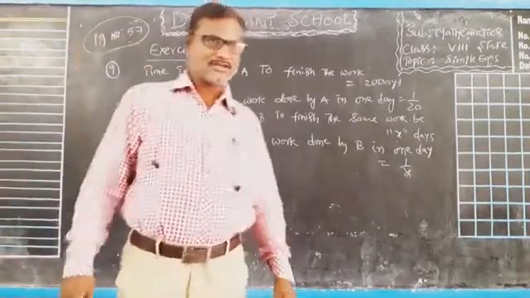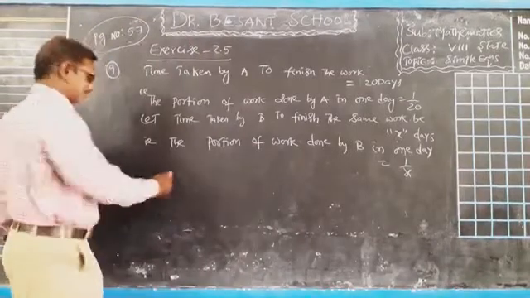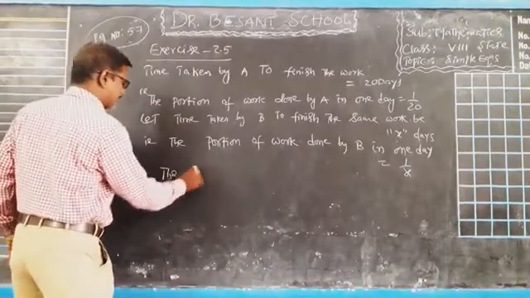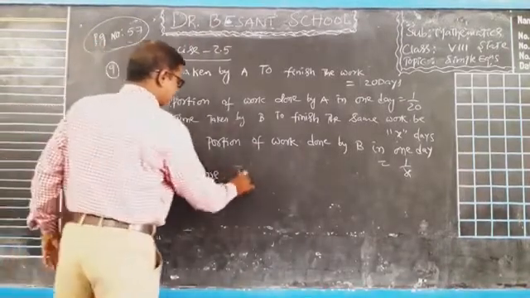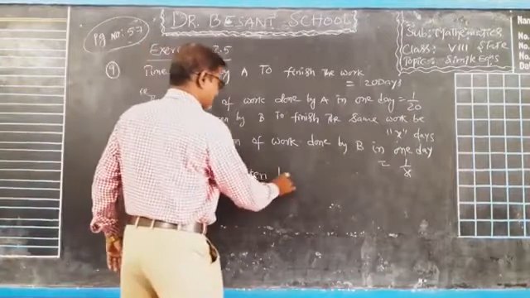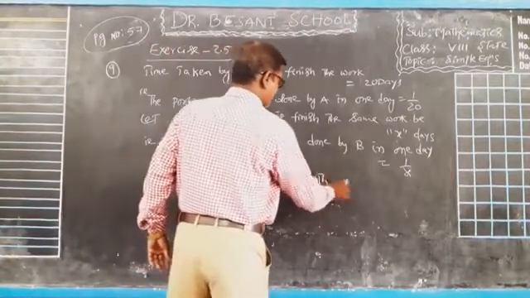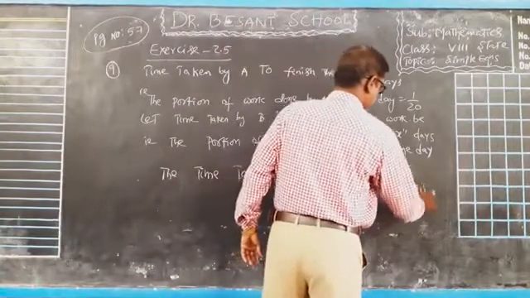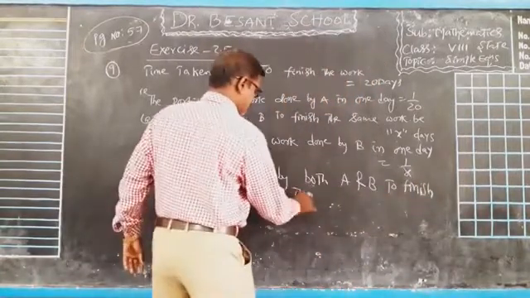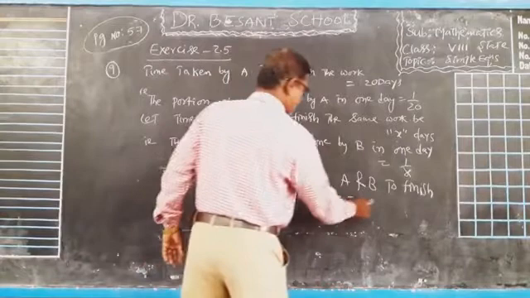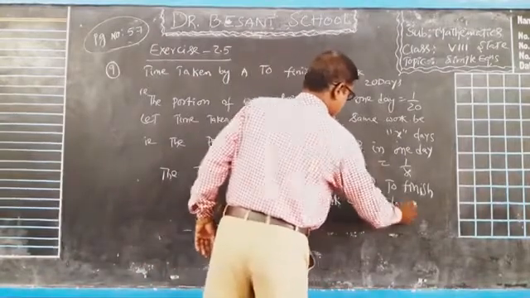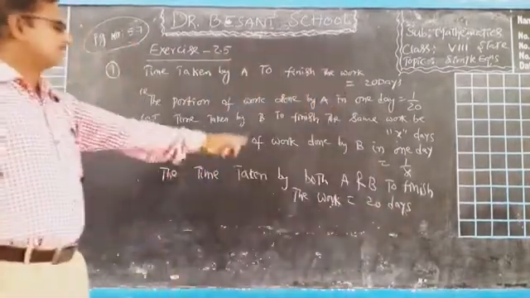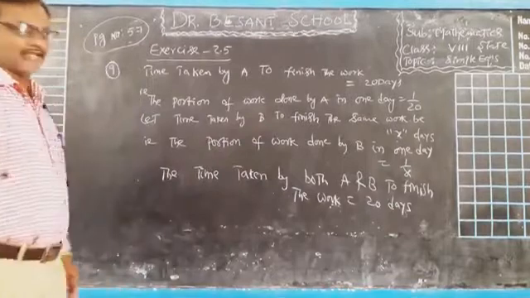It is also given that both A and B together take 20 days to finish the same job. The time taken by both A and B to finish the work is equal to 20 days.